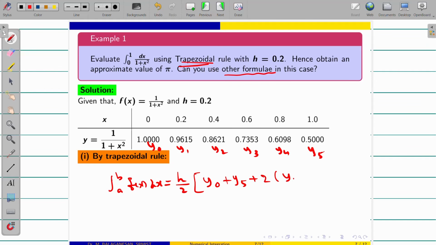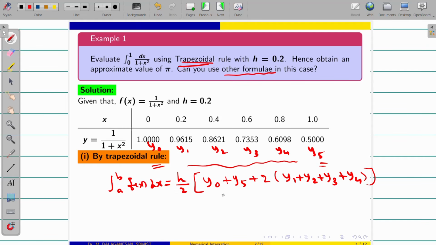What are the rest of the values? Y1 plus y2 plus y3 plus y4. Will you write y5 again? No. First value plus last value plus twice the rest of the values only. That is the formula for the trapezoidal rule.